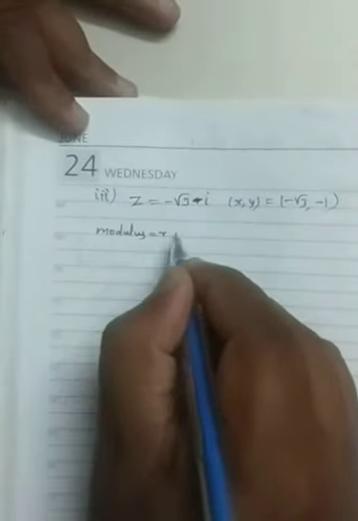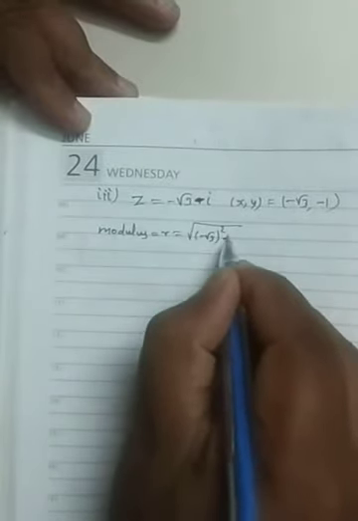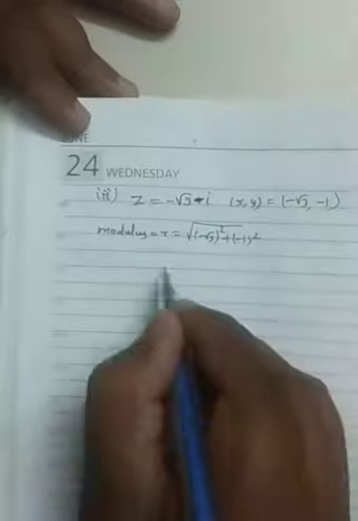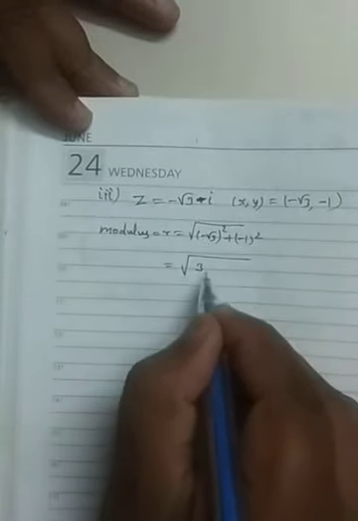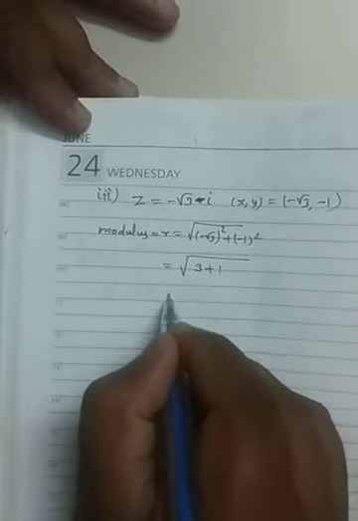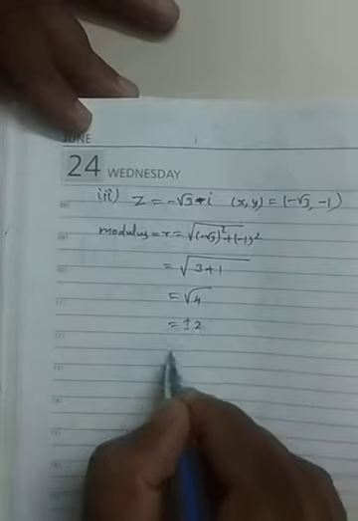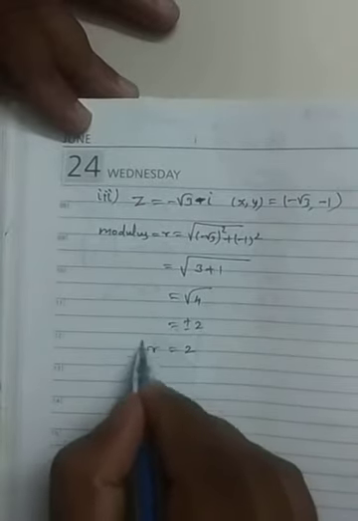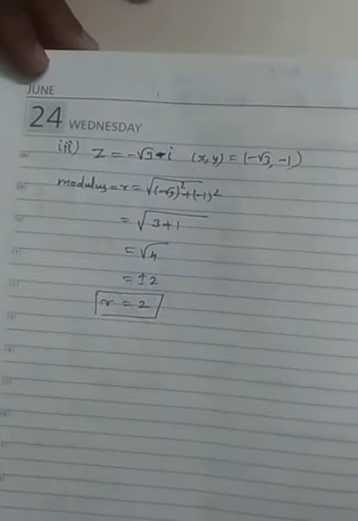What is the r value now? Square root of minus root 3 whole square plus minus 1 whole square. Minus into minus is plus, root 3 into root 3 is 3, and minus into minus plus, 1 into 1 is 1. So again it will be root 4, and the square root is plus or minus 2. So the r value is 2, so keep that in mind.